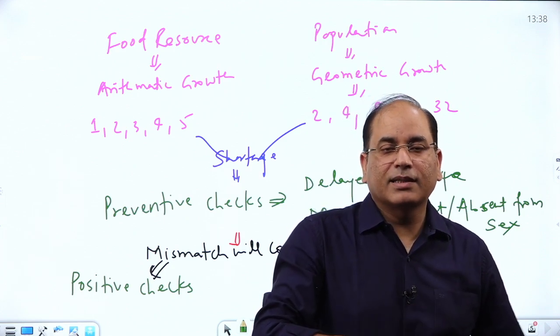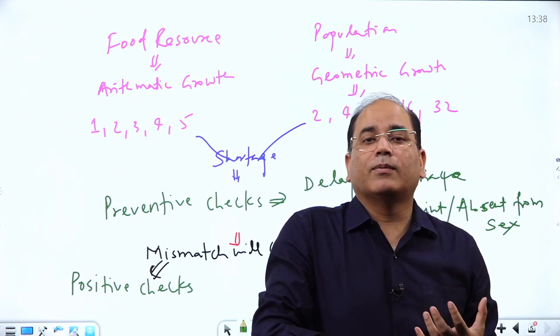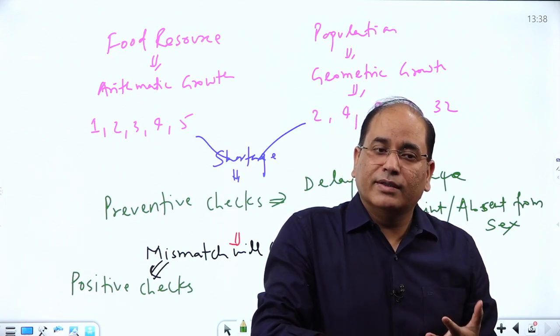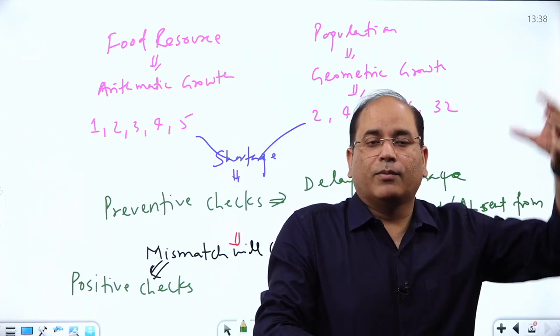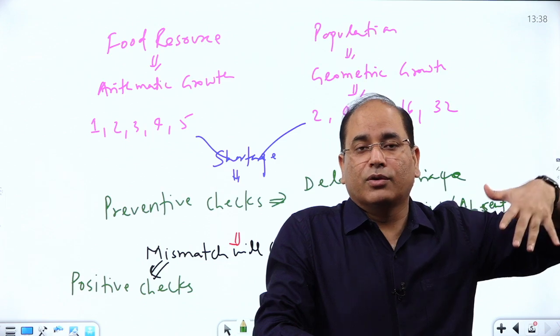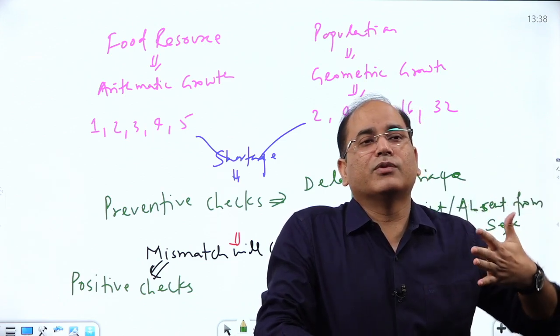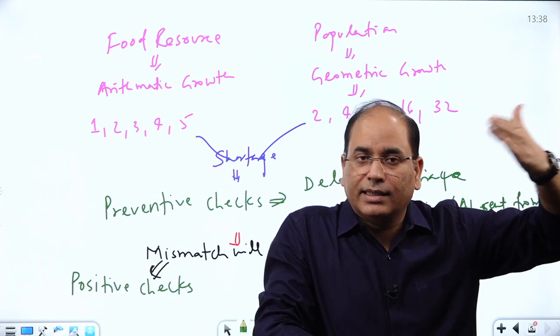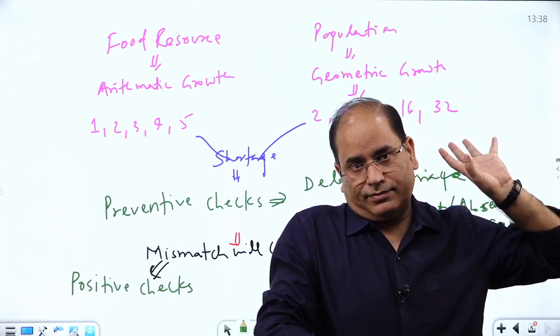People will think that the problem has sorted out. And when the people think that the problem has sorted out, then again the population will start growing rapidly, and as the population grows rapidly and the food resources grow slowly, it will again create the mismatch, and now this mismatch will become almost a critical limit, and beyond this critical limit there will be positive checks.